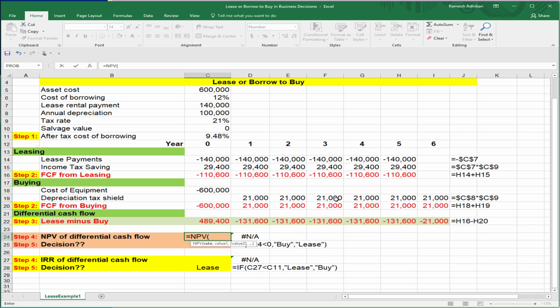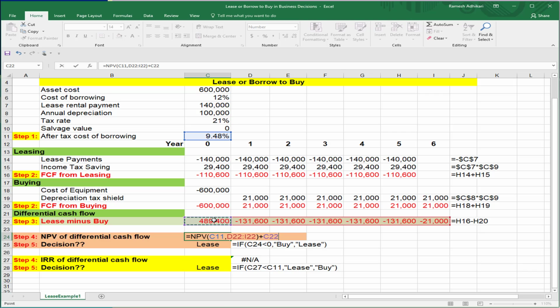Keep in mind, if you use the cost of borrowing, it's wrong, because leasing also increases the financial burden. So there's some tax deduction on the interest payment, so it's not fair to use cost of borrowing. So you want to use after-tax cost of borrowing. So that's going to be the rate and all the future cash flow, not the current.